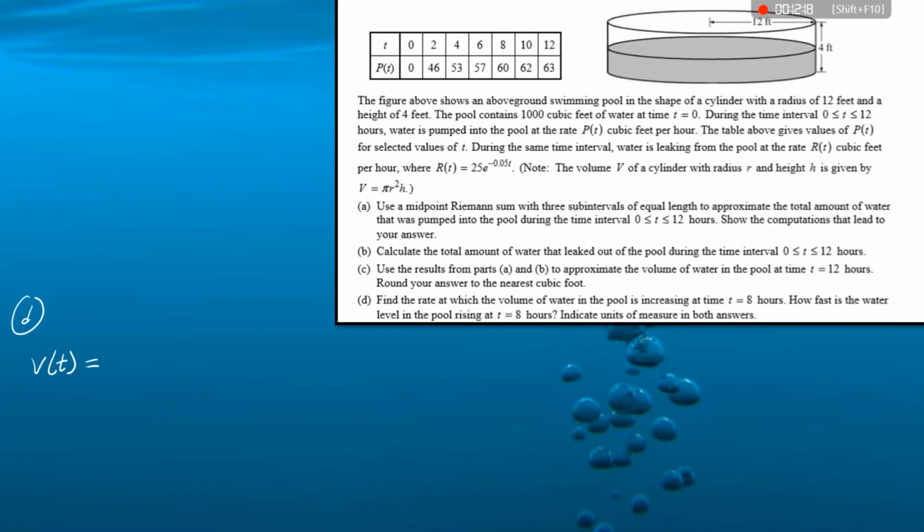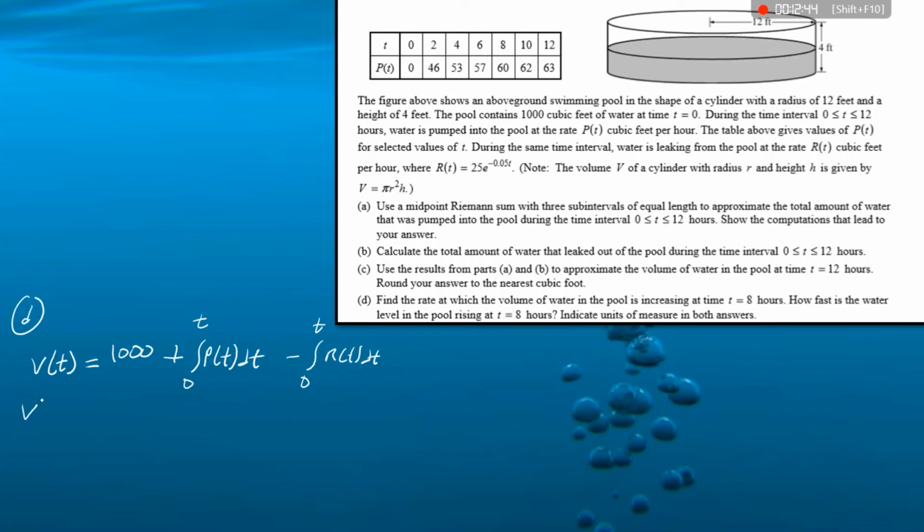Oh, V(t) equals integration from 0 to t of P(t) dt minus integration from 0 to t of R(t) dt, plus 1,000, because we started with that.